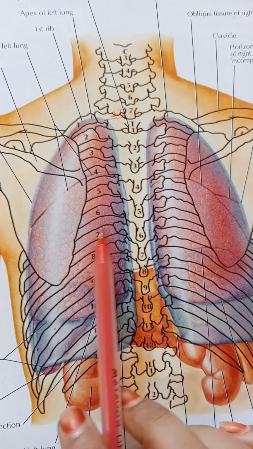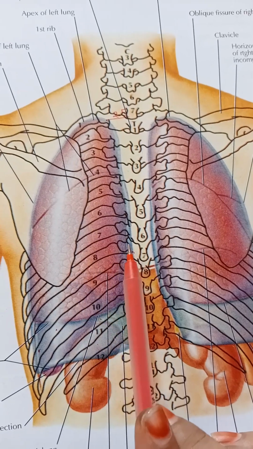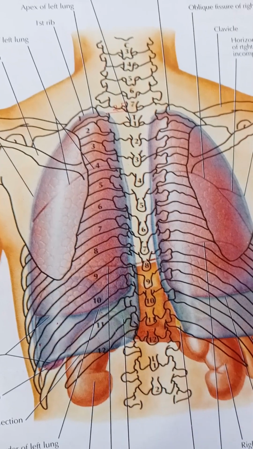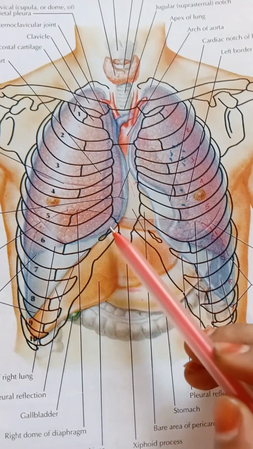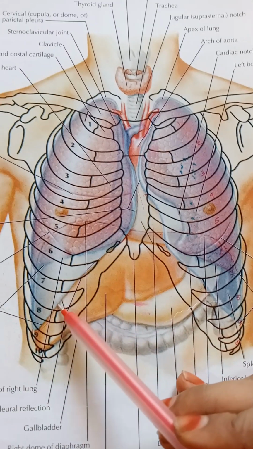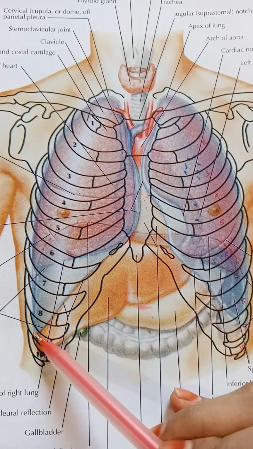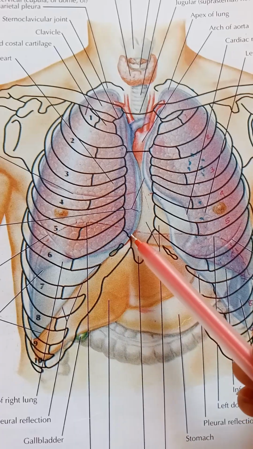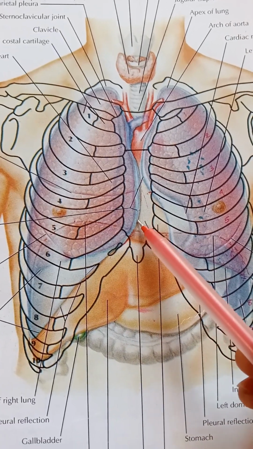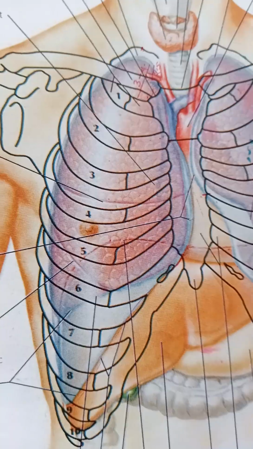Here the pleura is reflected or continuous with each other. Now come to the diaphragmatic pleura. Laterally, this one is the diaphragmatic pleura. Laterally, it is continuous with the costal pleura, and medially it is continuous with the mediastinal pleura.